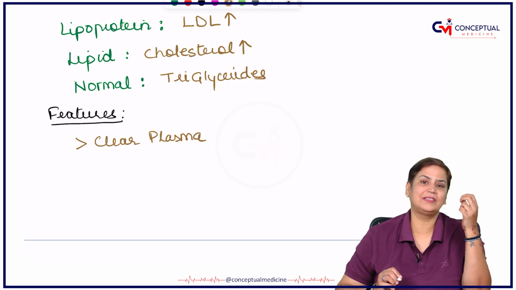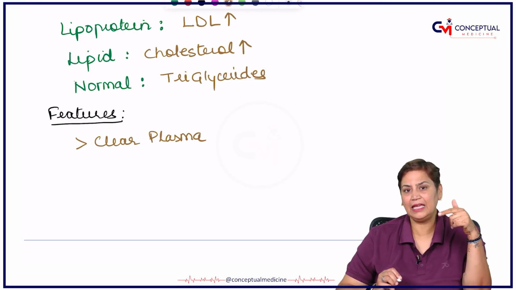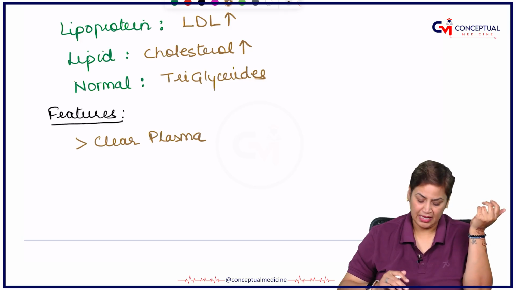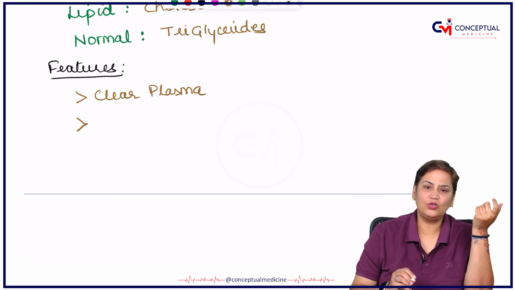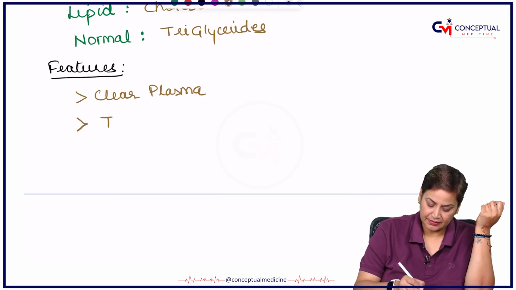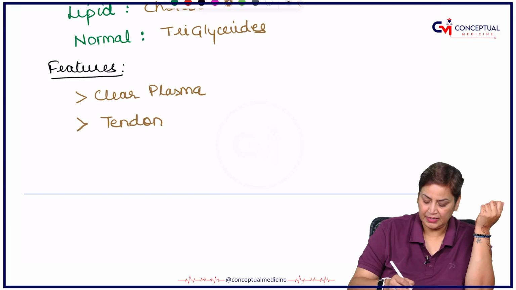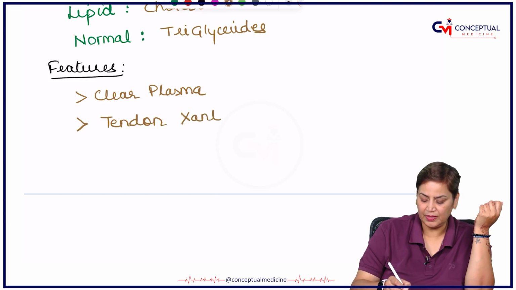Now what kind of xanthomas will be obtained here? The xanthomas obtained in case of cholesterol increased concentration will always lead to tendon xanthomas. Tendon xanthomas will be there.